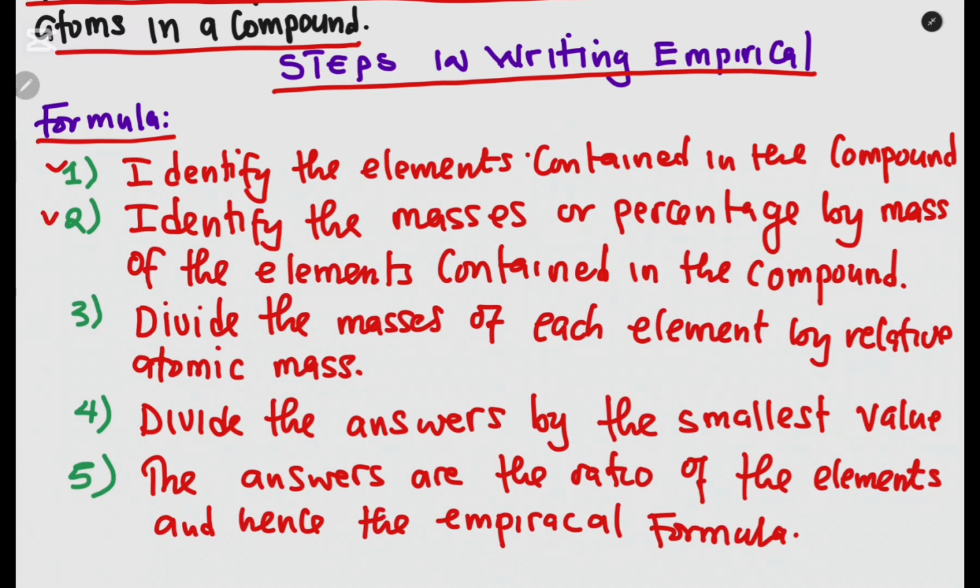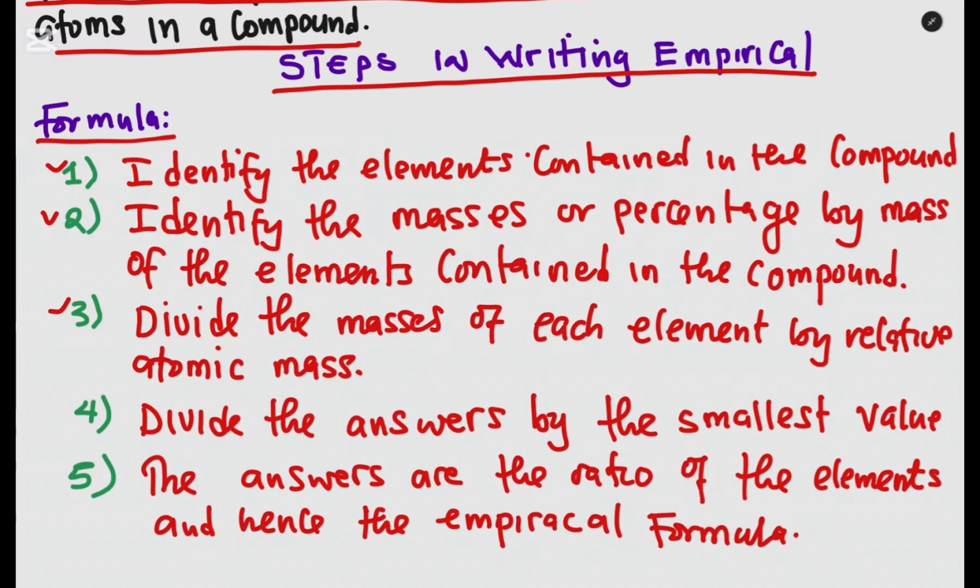The second step is to identify the masses or percentages by mass of the elements contained in the compound. Like I said, you might be given the masses of each element or the percentages. The third step is to divide the masses or percentages by mass of each element by relative atomic mass.